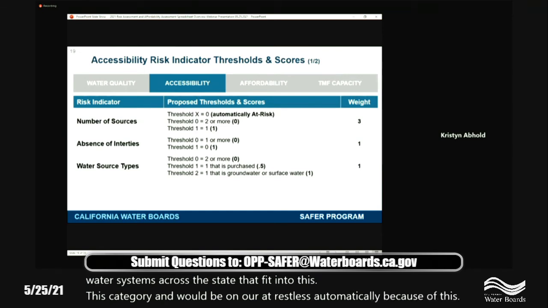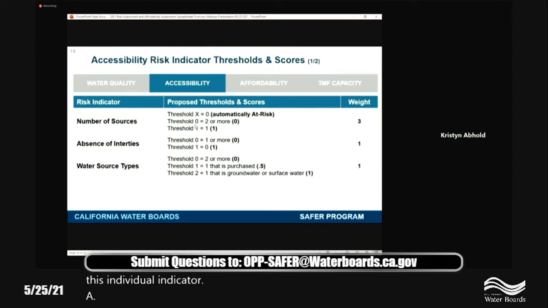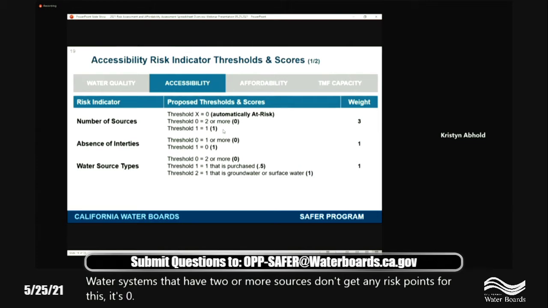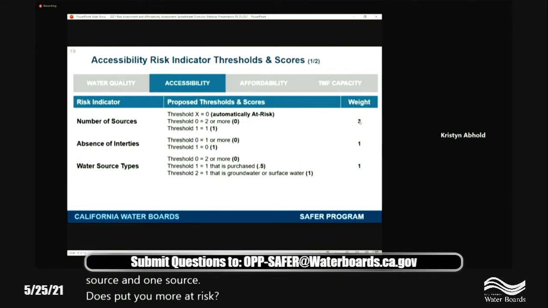But a lot of folks felt strongly enough that this needed to be the case for this individual indicator. Water systems that have 2 or more sources don't get any risk points for this. It's a 0. But we do have a number of water systems that only have 1 source.